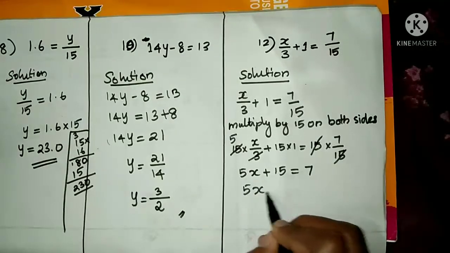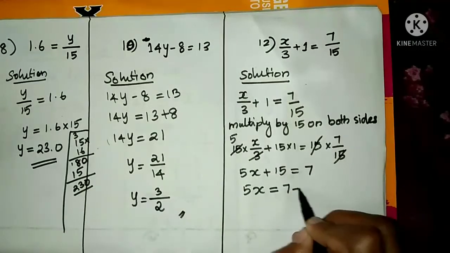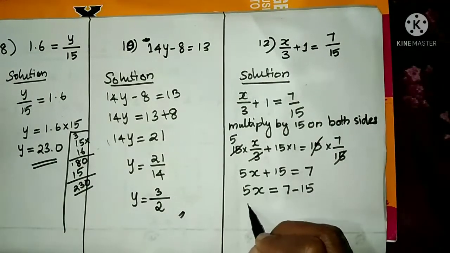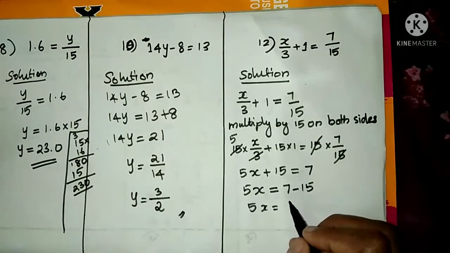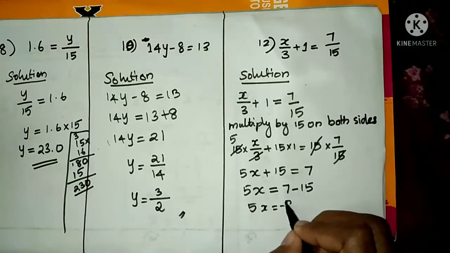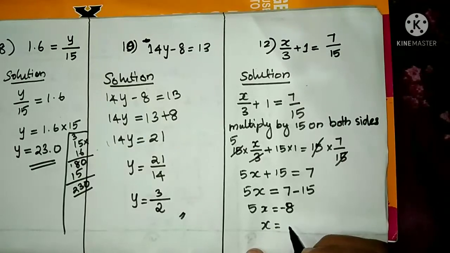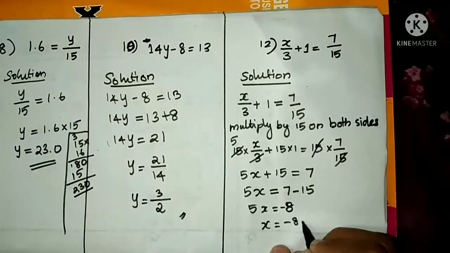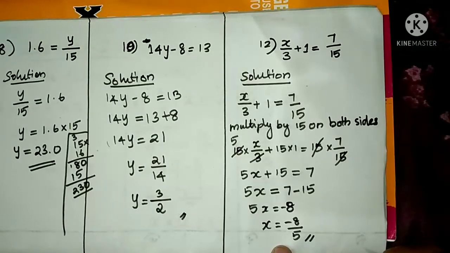So 5x is equal to 7 minus 15. What is 7 minus 15? The answer we get is -8. So x is equal to -8 upon 5. That's the answer.